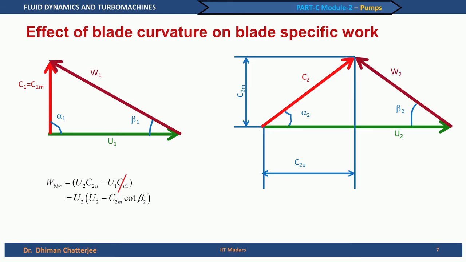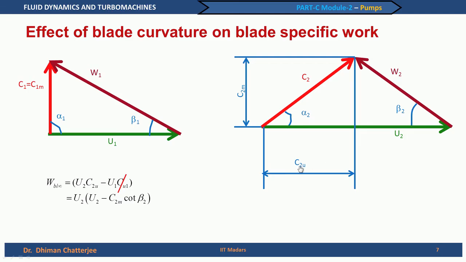We will relax this assumption and we will take into consideration actual specific work later on today. So, when we write W BL infinity, we write U 2 C 2 U minus U 1 C 1 U, and hence by our assumption C 1 equal to C 1 M, and hence there is no whirl component, this goes off.